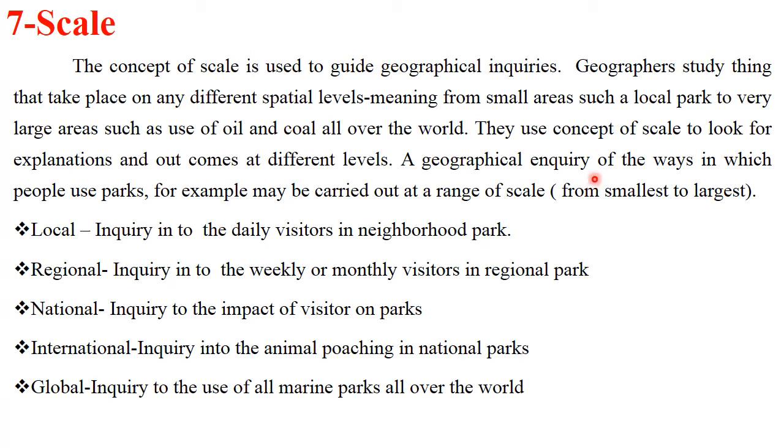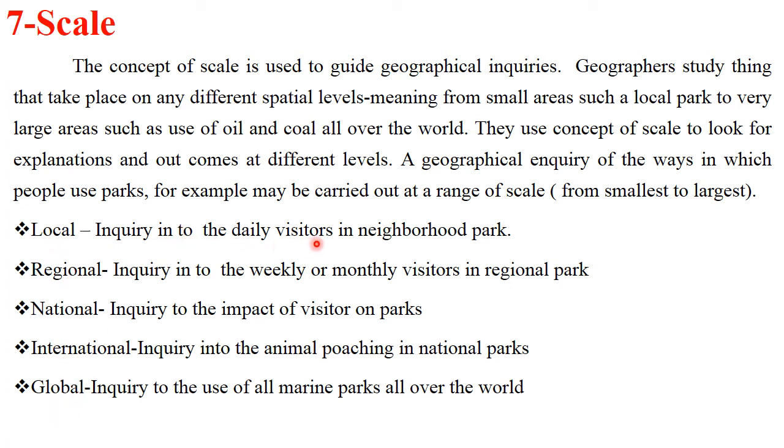A geographical inquiry of the ways in which people use parks, for example, may be carried out at a range of scales from smallest to largest. There are also levels: local, regional, national, international, global.